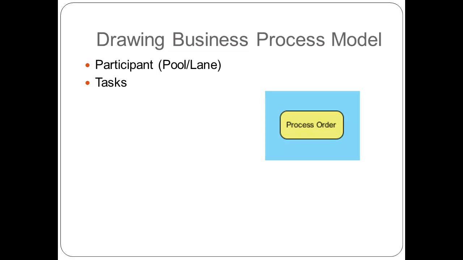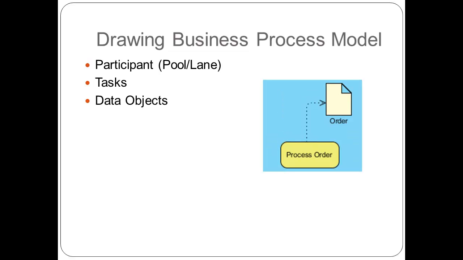And also the task. The task represents the work that needs to be performed. The work could be performed by a human, or by machines, or by a human with the assistance of computer software. So the task represents what you need to do. And there are data objects.